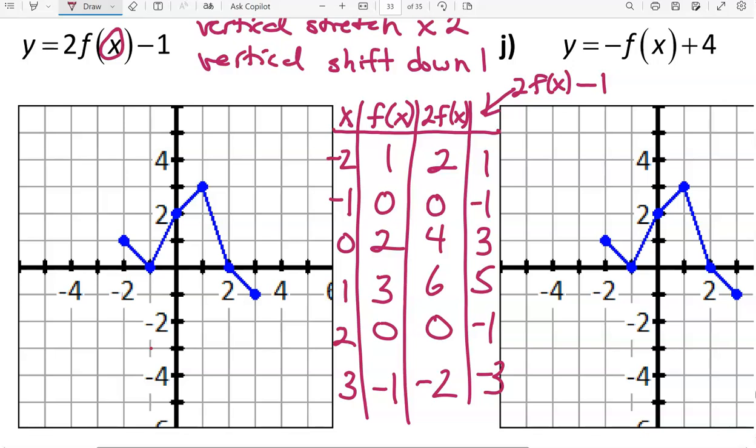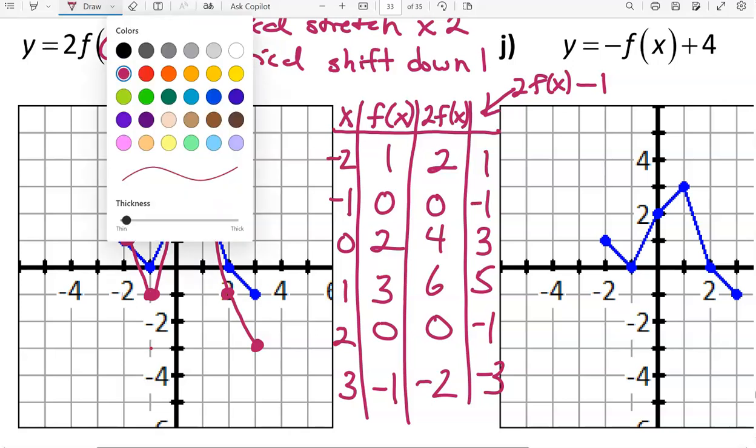And now I'm going to graph each of those. And now we can see that vertical stretch, and we can also see the shift down 1.